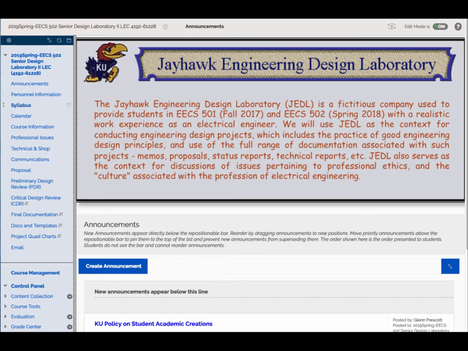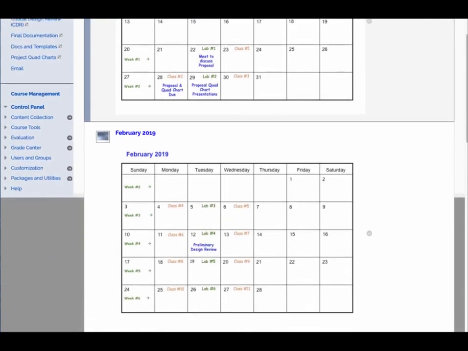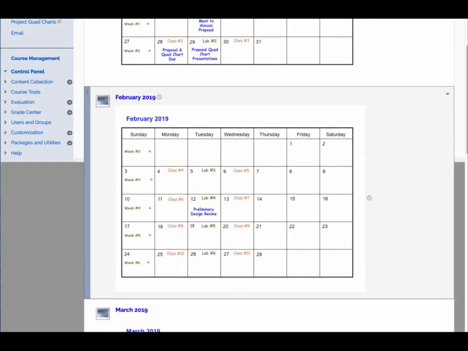If we go to the calendar, to see what we have coming up, you can see that we're here on the 7th of February, and on the 12th of February, next Tuesday, during lab time, we're going to do the preliminary design review. That'll be a presentation by the team.